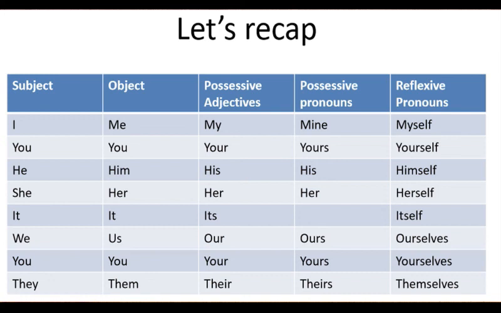The last category are reflexive pronouns. They are myself, yourself, himself, herself, itself, ourselves, yourselves, themselves.